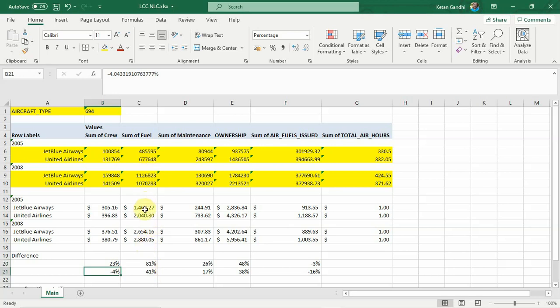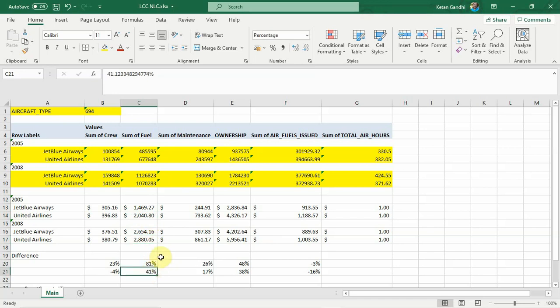Now similarly, we look at the fuel cost for JetBlue Airways for year 2005 and 2008. 81% increase in the fuel cost. They need to come up with a strategy to reduce this cost. 81% increase, whereas United Airlines had these figures in 2005 and these figures in 2008, and their increase was 41%.